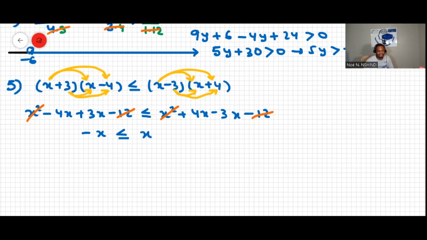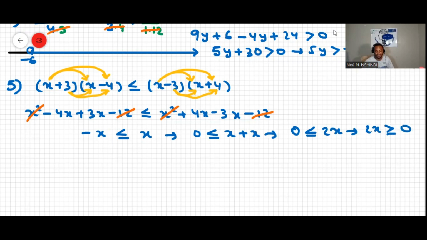So in this case, we can move the negative x over, so this would be 0 is less than or equal to x plus x, and this means that 0 is less than or equal to 2x, which means 2x is greater than or equal to 0.